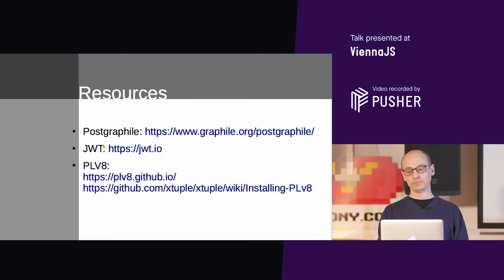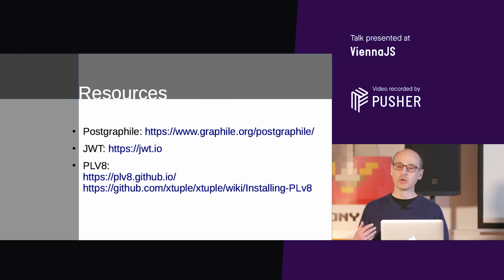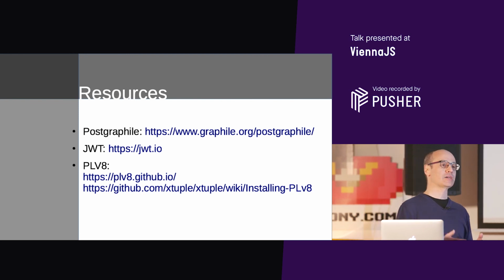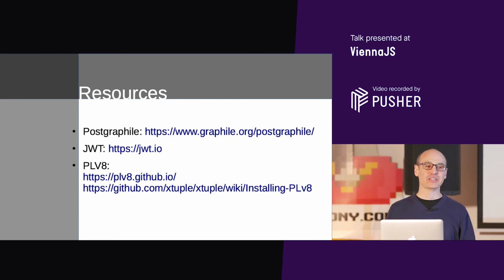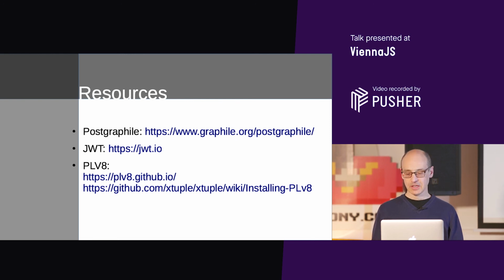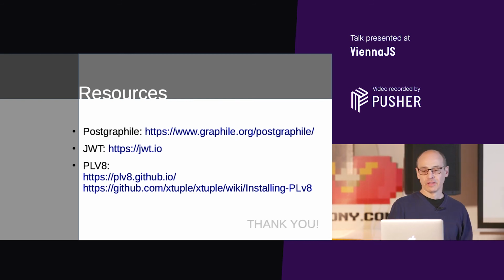And also some information about running PLv8. To be honest, most of the time I'm using the regular language within Postgres, but on some occasions, and also because I can, it's nice to be able to run JavaScript in there. So, thank you very much.